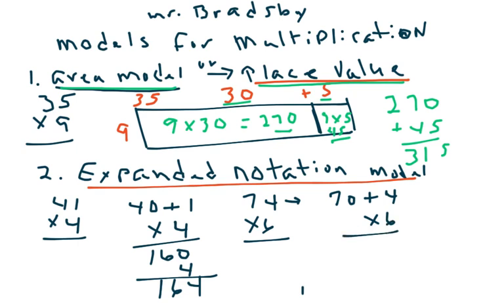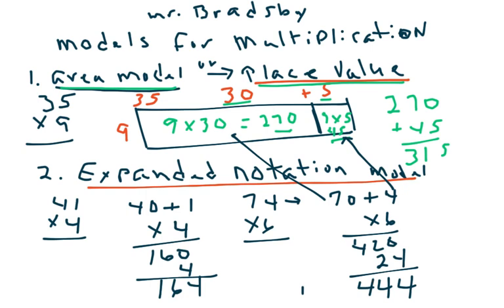If you put it into the area, it would be the 70 here and the 4 here, and you'd get the same thing. 6 times 70, 7 times 6 is 42 tens. 6 times 4 is 24. We add them together, 444. So there's an example of the expanded notation model.